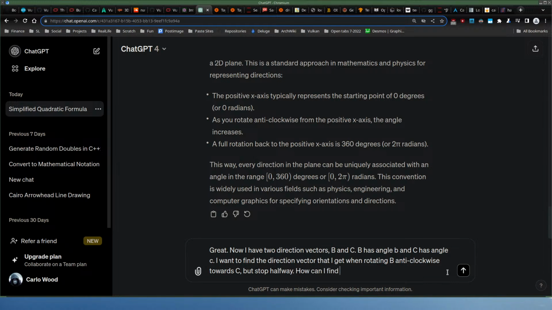How can I find? I'm going to find a direction vector. Let's call that one D. D that I get when rotating B anti-clockwise towards C, but stop halfway. How can I find D?